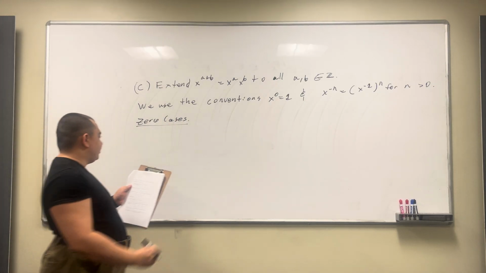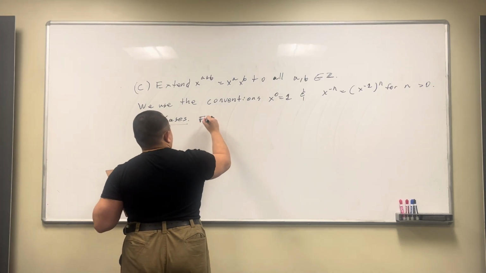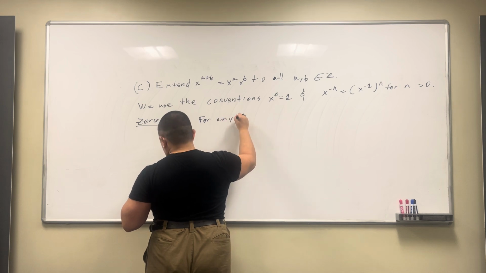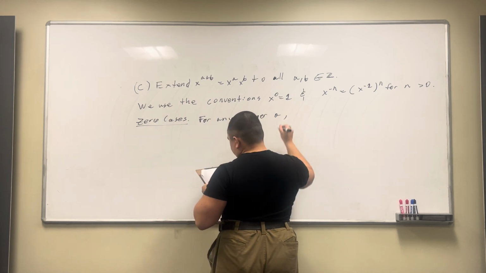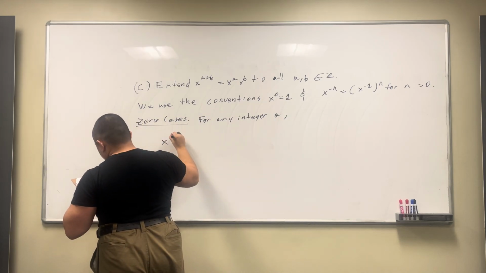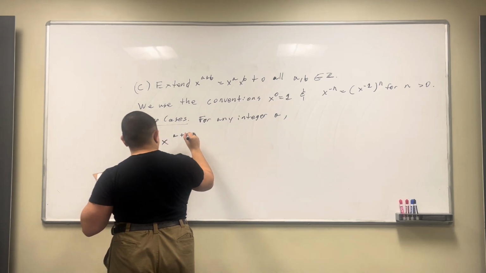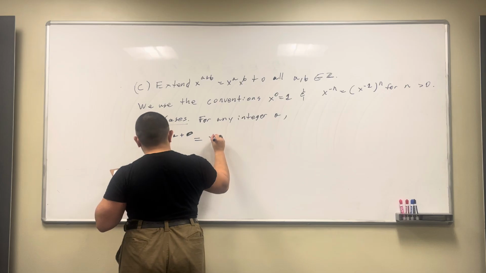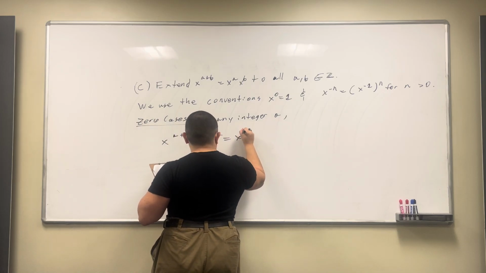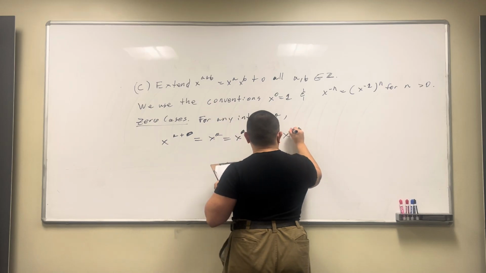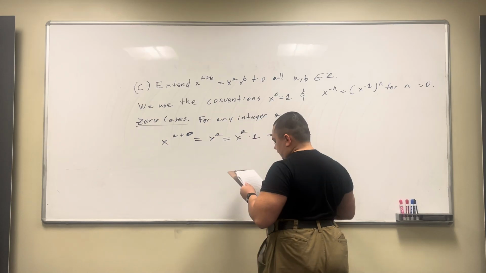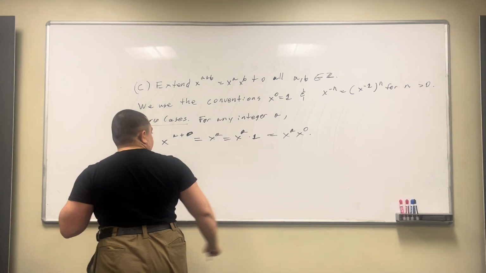But for any integer a, x^(a+0) is equal to x^a, which is equal to x^a times 1, which is equal to x^a times x^0.